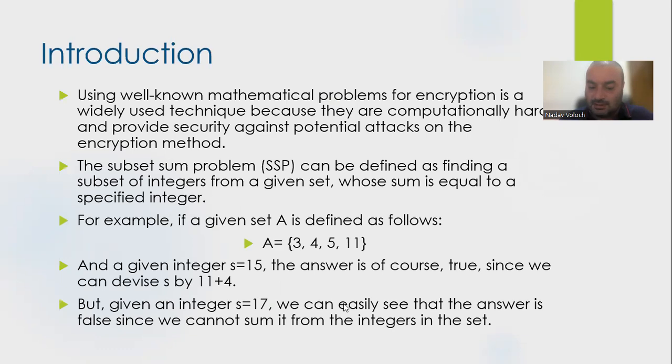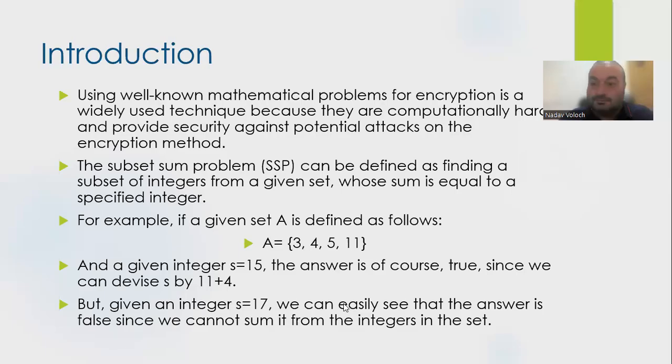Using well-known mathematical problems for encryption is a widely used technique because our goal in encryption is to find something that is very computationally hard to find, for the encryption to be a good encryption, thus providing security against potential attacks on the encryption method.